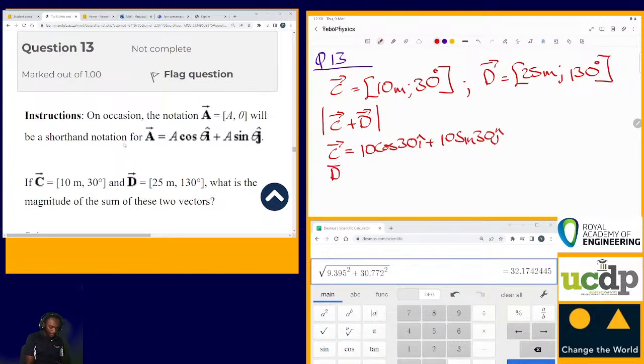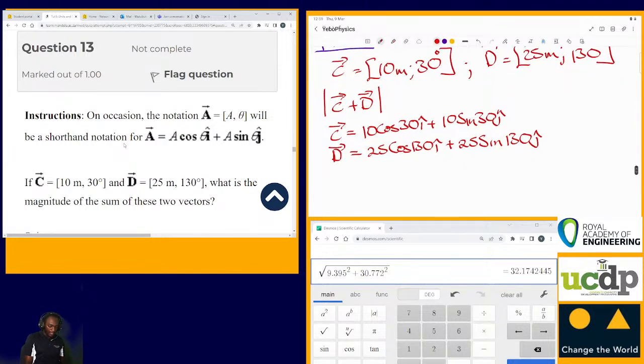Do the same for vector D. It will be 25 cos 130 in the I direction plus 25 sine 130 in the J direction. Okay, so that is what we are given there.